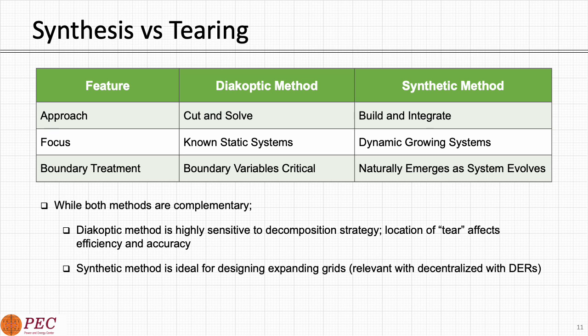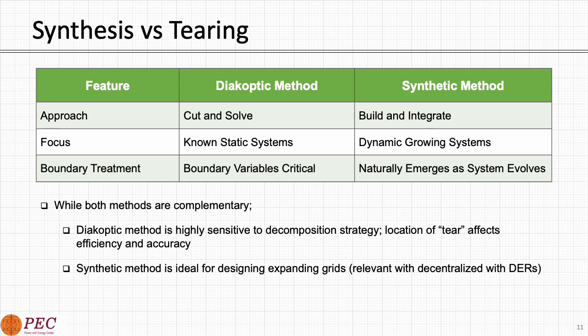While both methods are complementary and on face value look very similar, there are some stark contrasts. For instance, the diacoptic method or the tearing method approaches a problem in the manner of cut and solve, whereas the synthetic method aims to build and integrate.